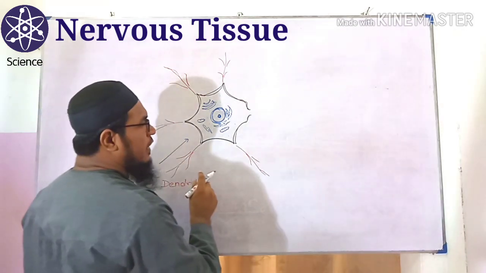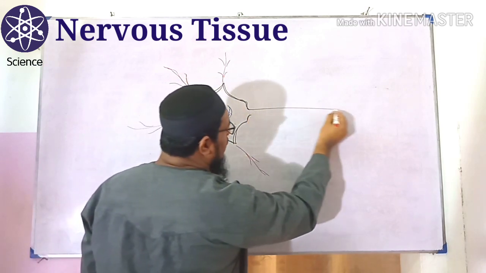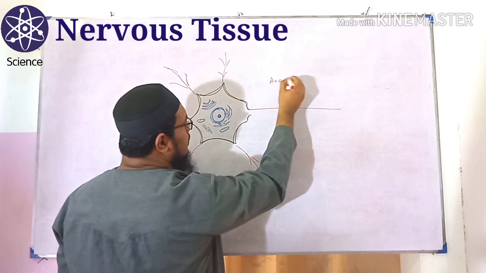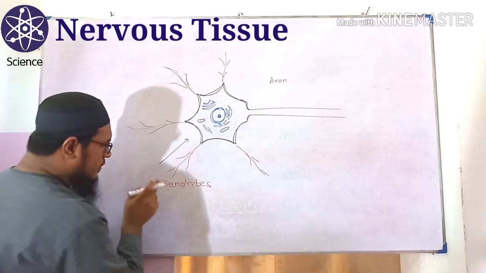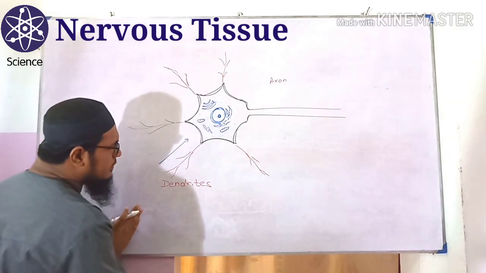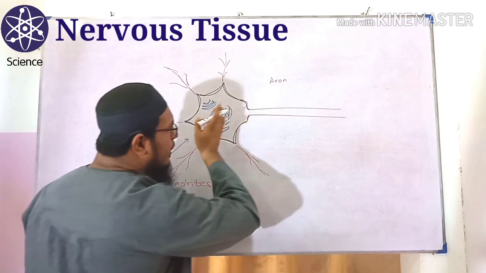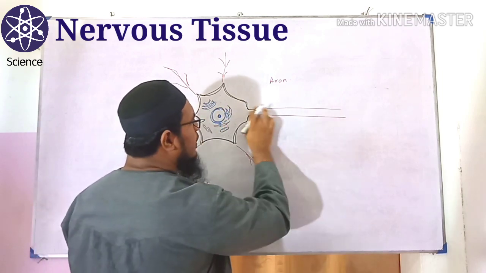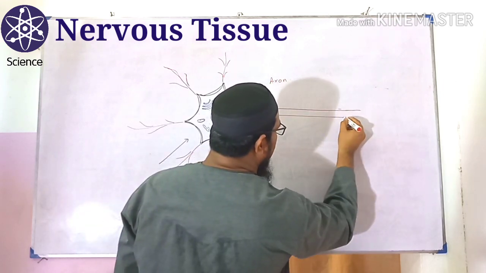The next type of fiber is also a very important one. It is called the axon, A-X-O-N. The impulse which the dendrites bring towards the cell body is transmitted to the axon, and the axon carries impulses away from the cell body. Away from the cell body. This is the axon.